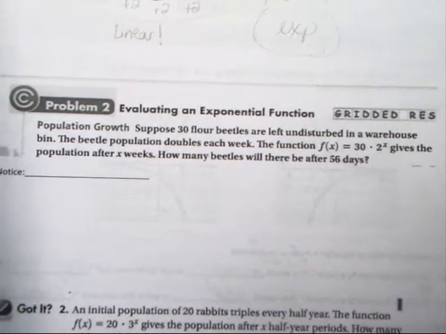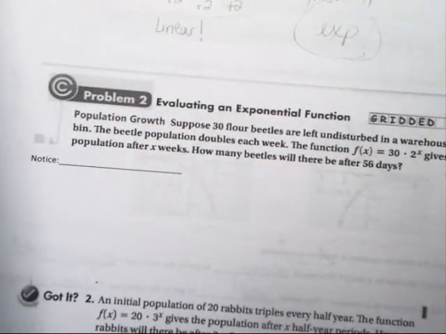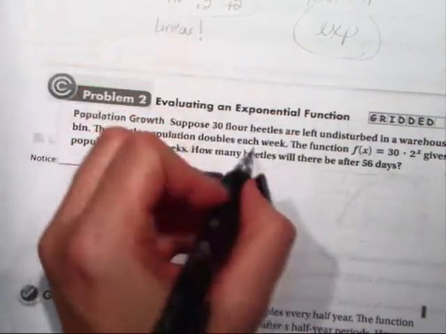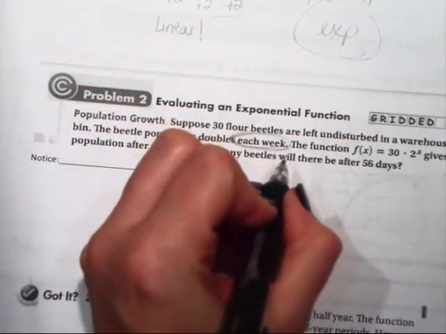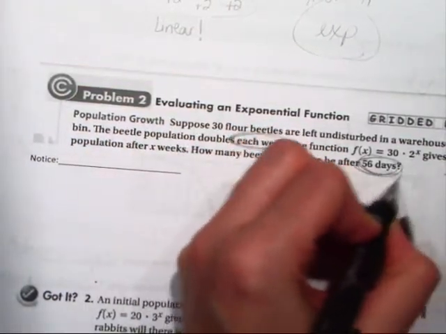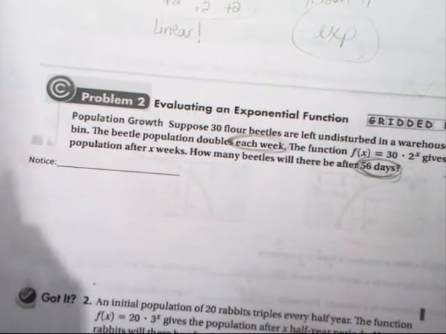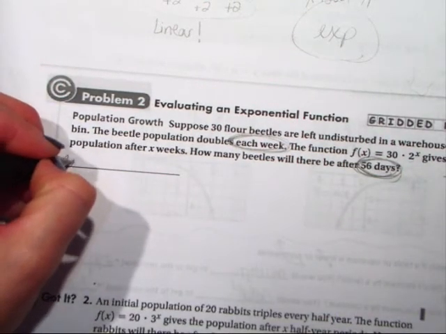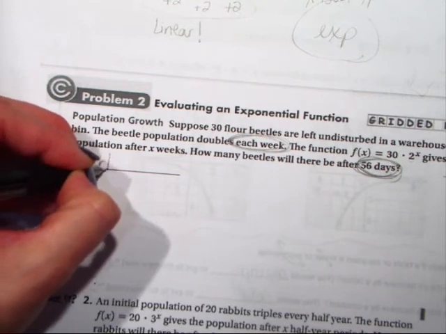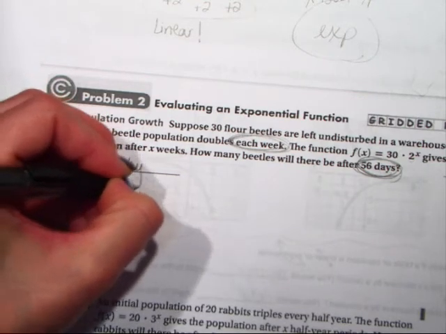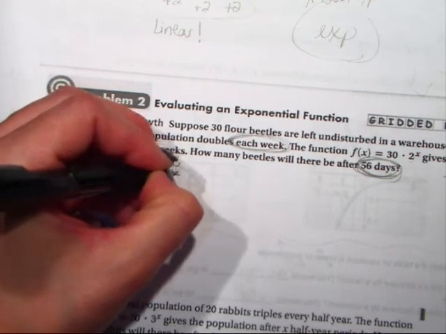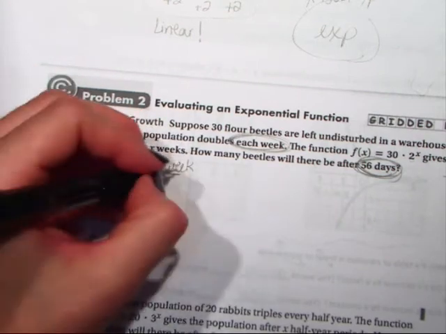Also in this problem, I really want you to notice that they talked that it doubles each week. Did you notice that? But then they gave us this in days. So we need to notice that we need to convert our days into weeks. And we can do that, okay?